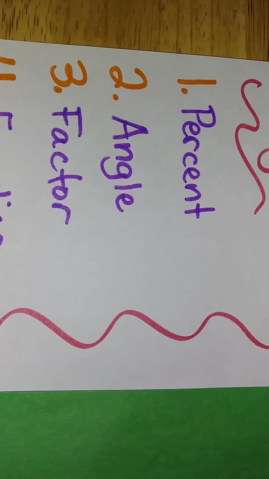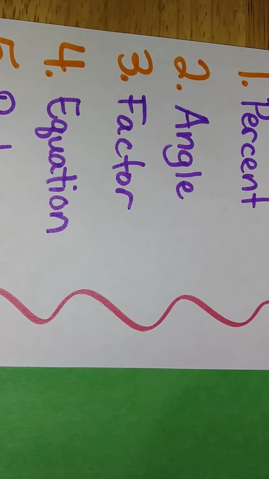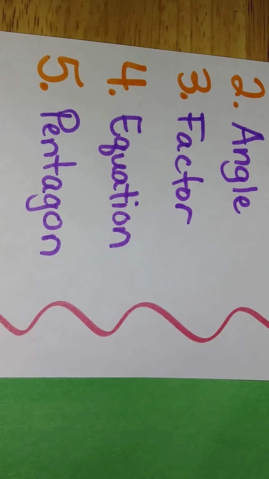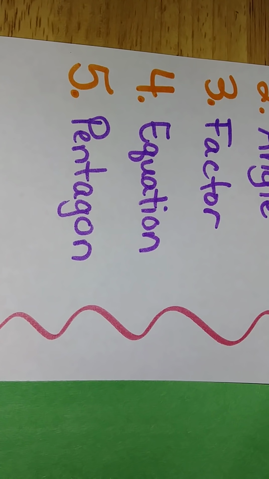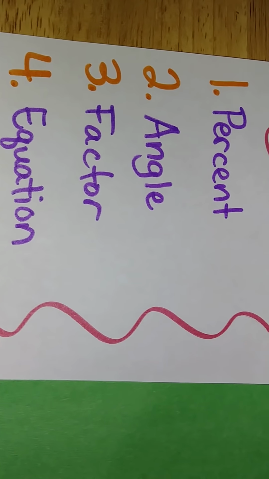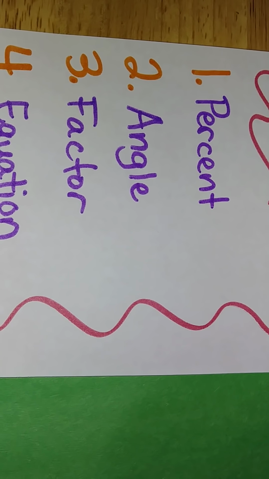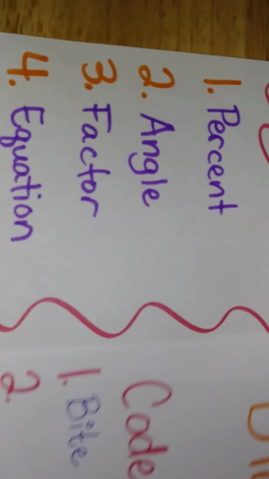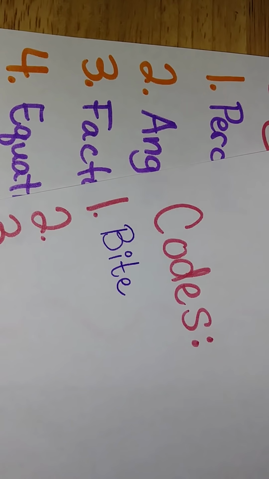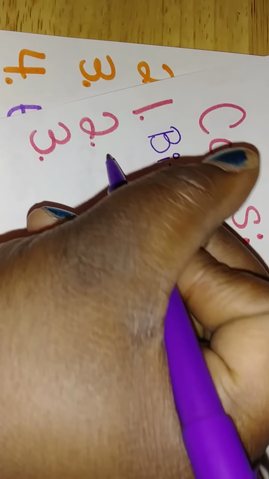If you're period 1, you're percent. Period 2, angle. Period 3, factor. Period 4, equation. Period 5, pentagon. All right. And I told you guys that I was going to be representing period 2, whoop, whoop, today for DJ Tay's class. So that means that I am angle. So my second code will be angle.